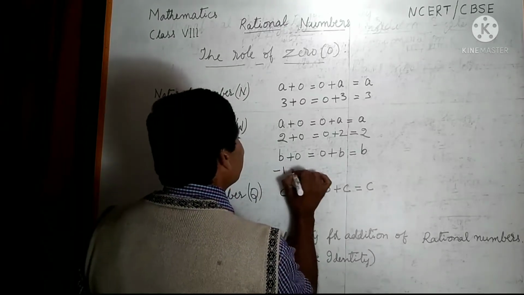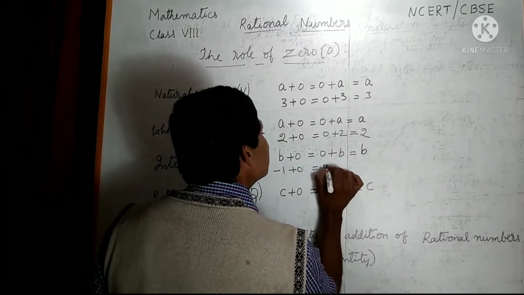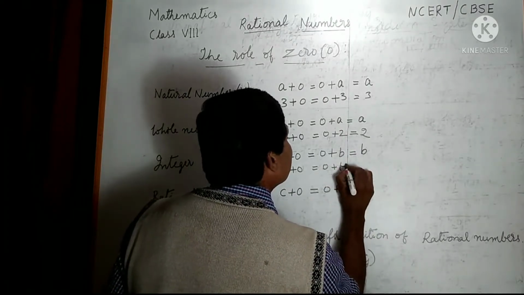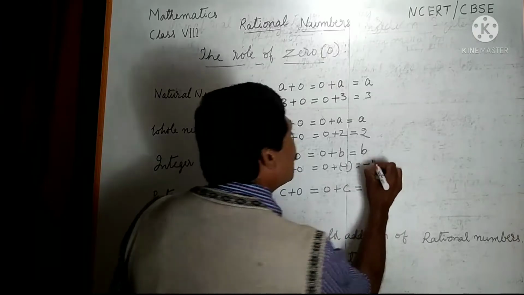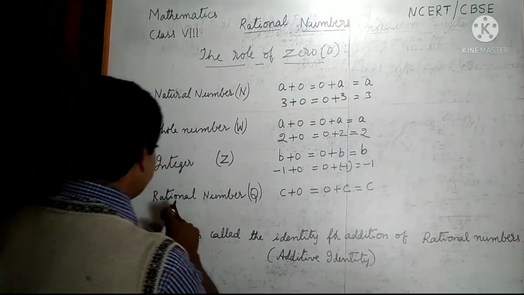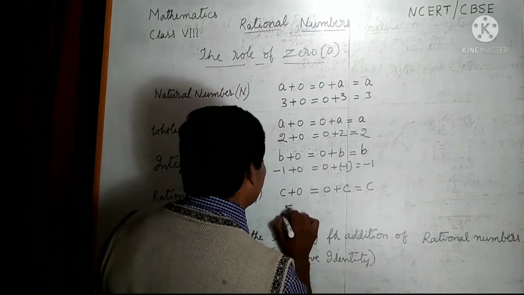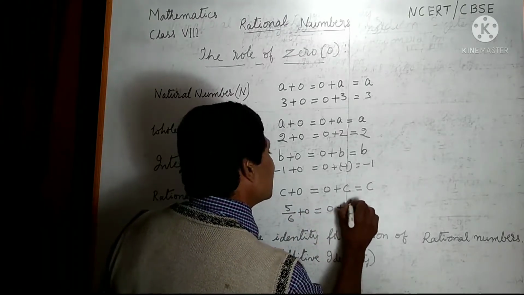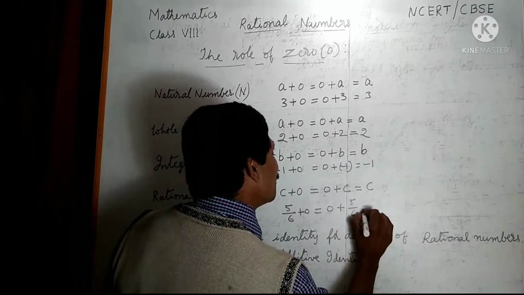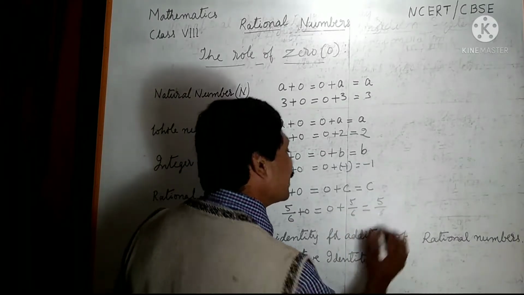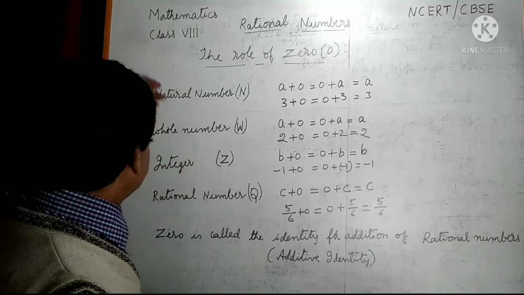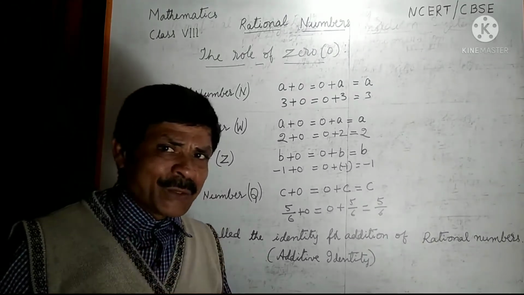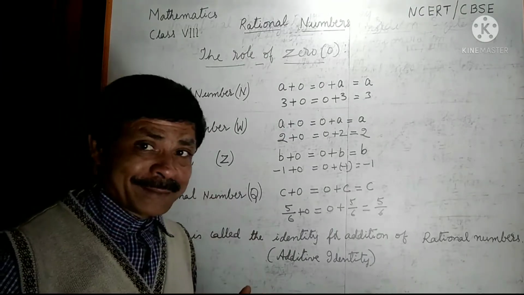Minus 1 plus 0 is equal to 0 plus minus 1 is equal to minus 1. Similarly, let's take a rational number. 5 by 6 plus 0 is equal to 0 plus 5 by 6, we will get 5 by 6 only. That means for any natural number, whole number, integer or rational number, when we add 0, we will get the same number.